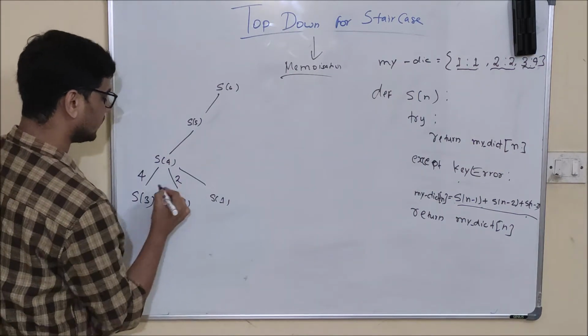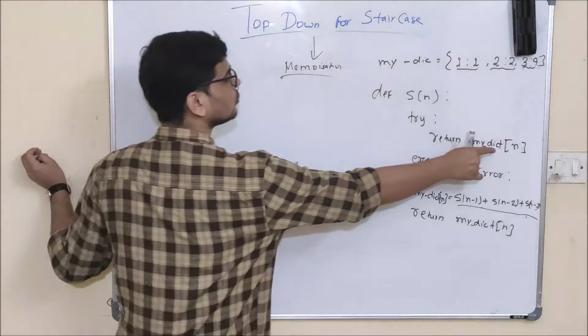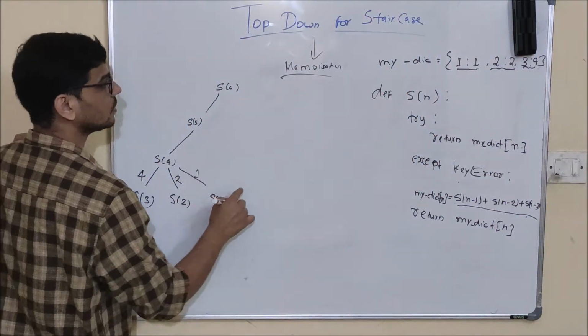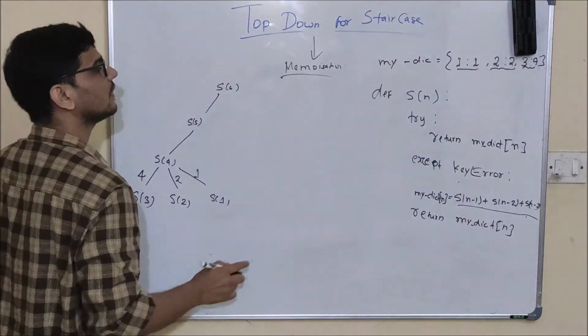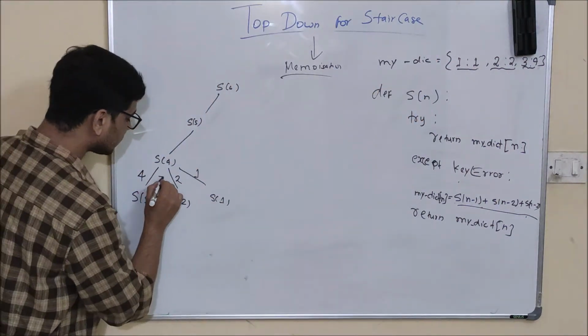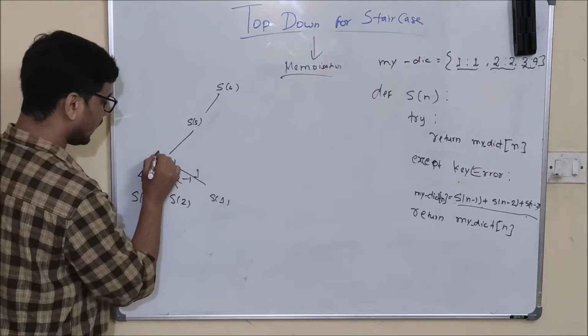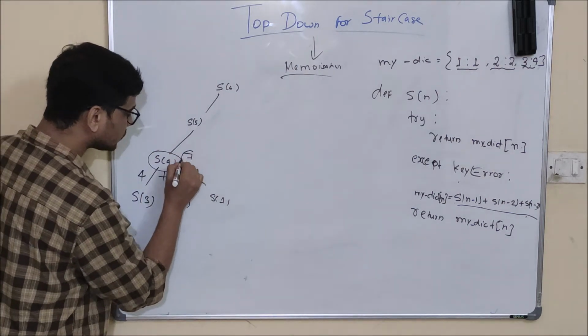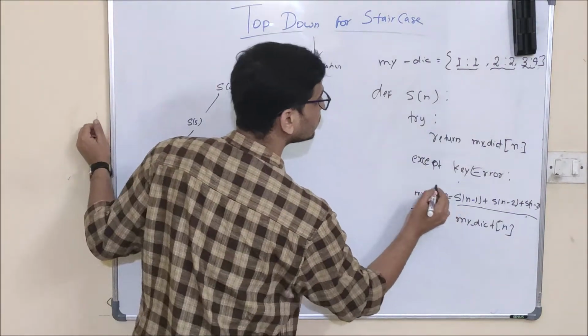S of 2 will return 2, as my dict of 2 is there, its value is 2, and my dict of 1 is also there, so its value is 1, and it will sum them up, and s of 4 will first of all sum it up and update it in the dictionary.